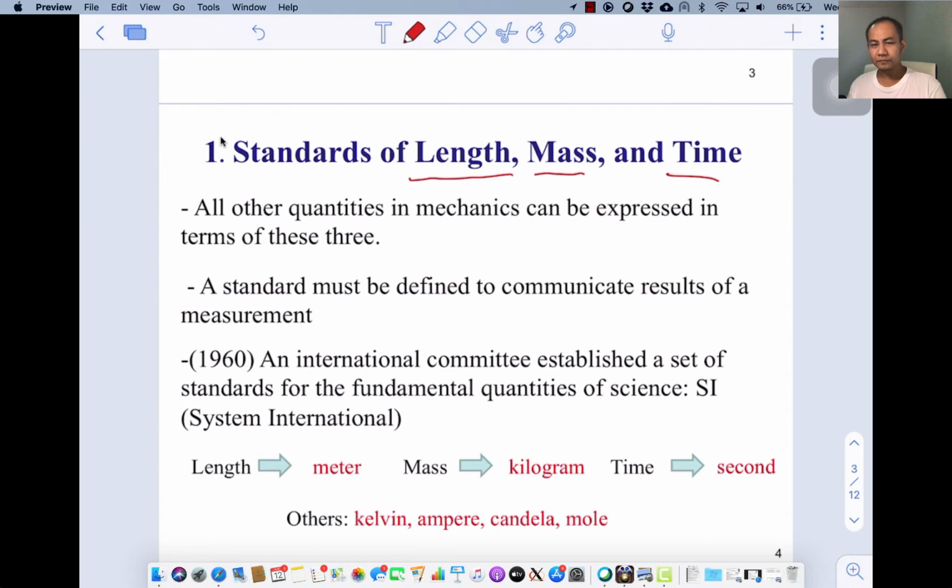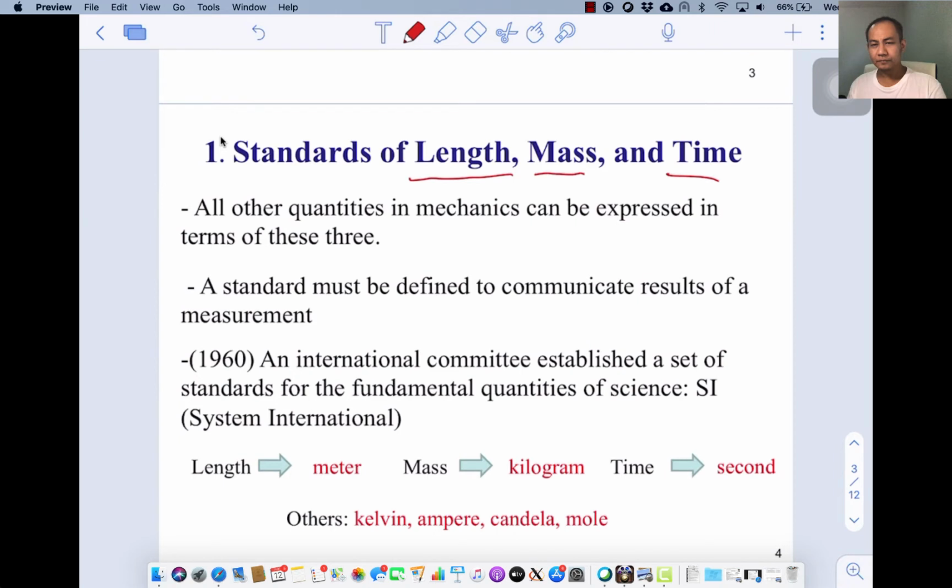However, if you measure something, you need to specify the unit. For example, if I ask you what is the length of this object, and you tell me it's 5.2, 5.2 what?